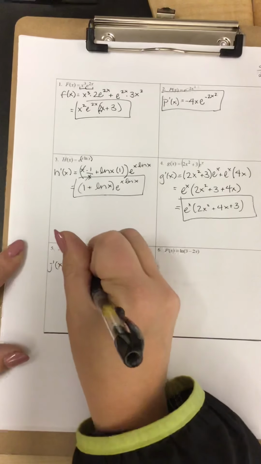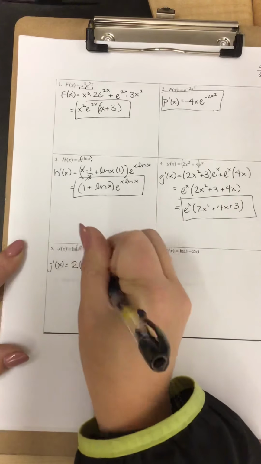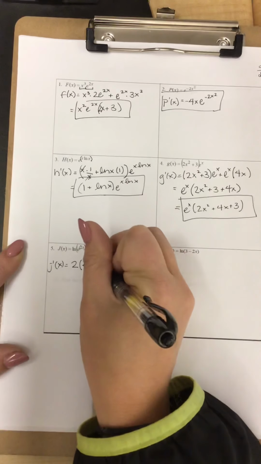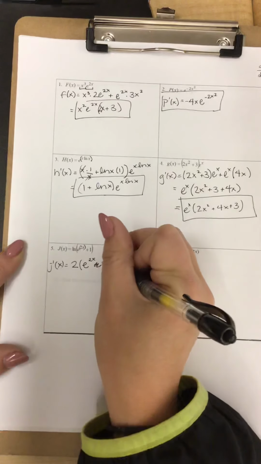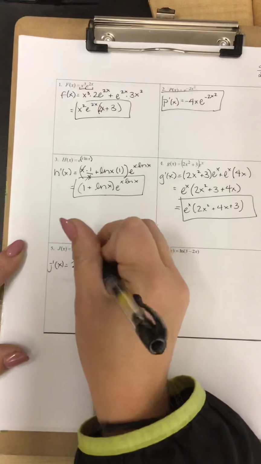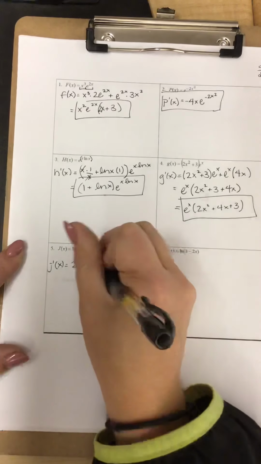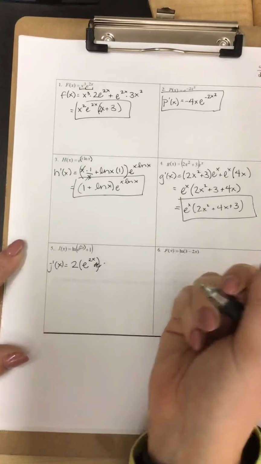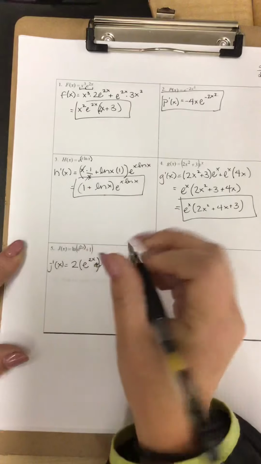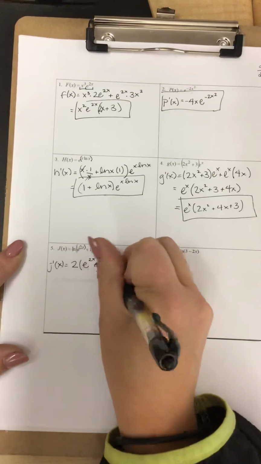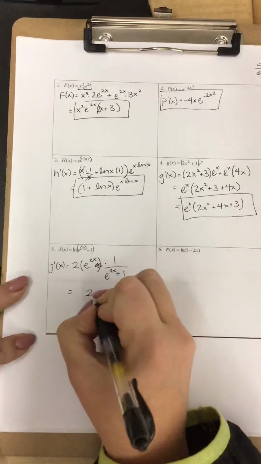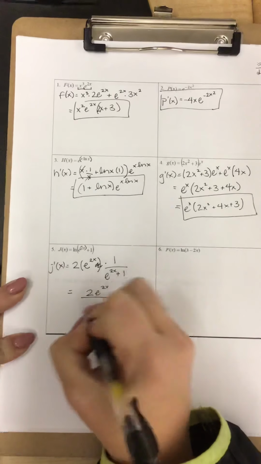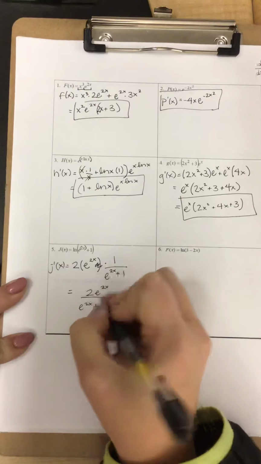Next function, e to the 2x, because the derivative of 1 is 0, times, and then the derivative of natural log is 1 over x. But there's not just an x in there. It's all of this. Okay. So now you clean it up, you get 2e to the 2x over e to the 2x plus 1.